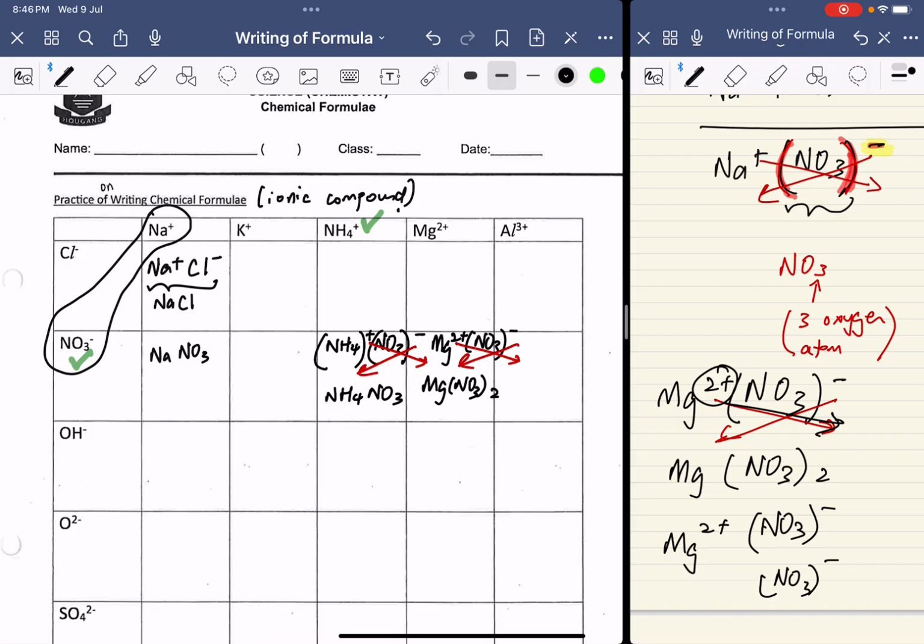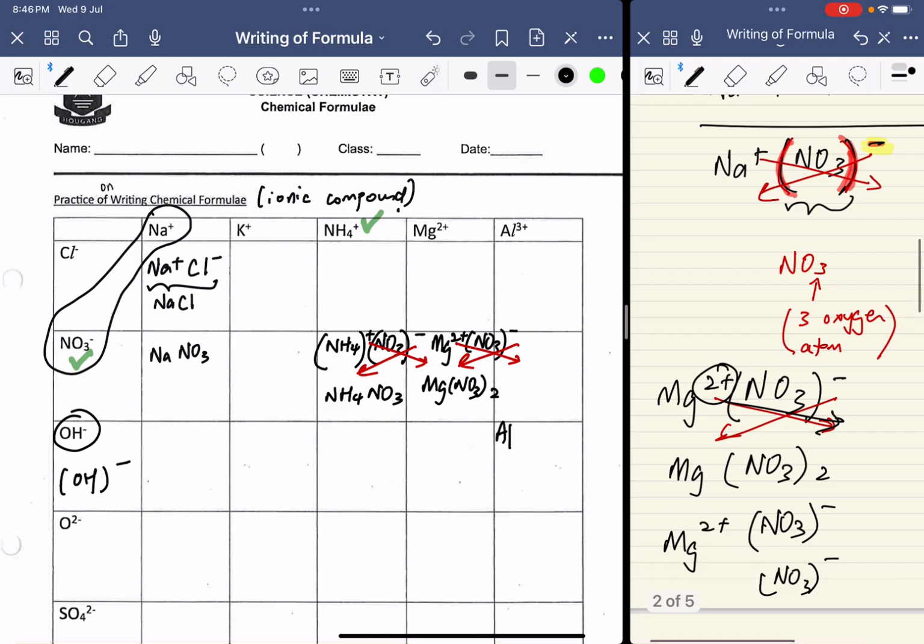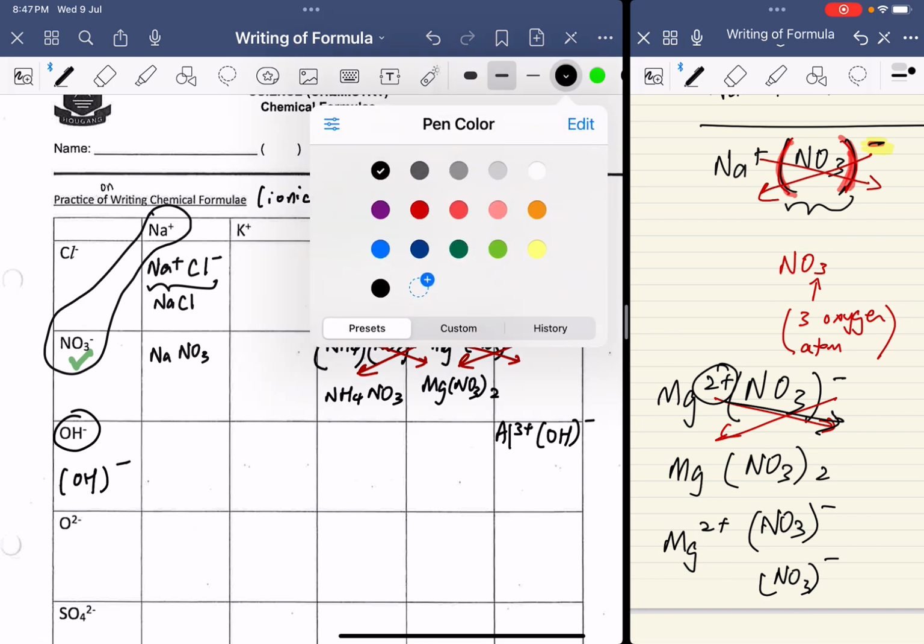Same thing for your hydroxide. It is a polyatomic ion. The overall charge of your negative is meant for your O and your H. Example, if I have a 3 plus and an OH minus, what does that mean when I cross multiply?